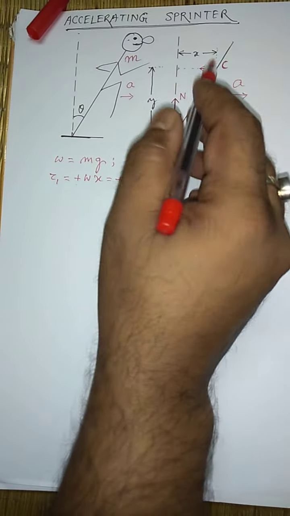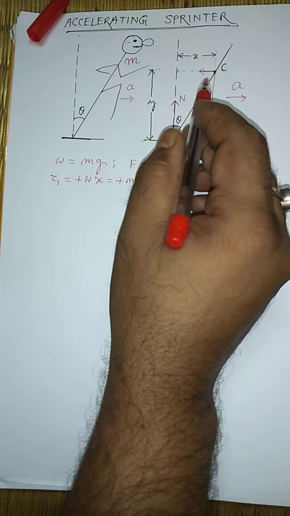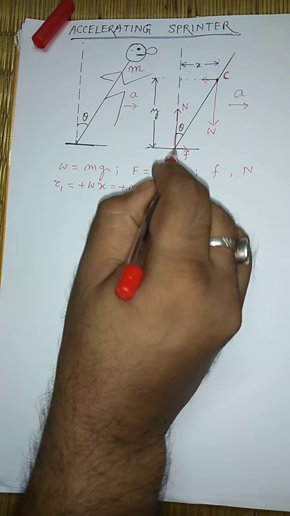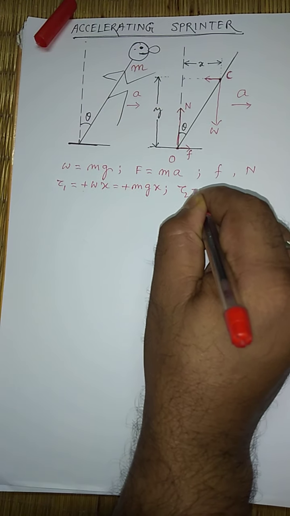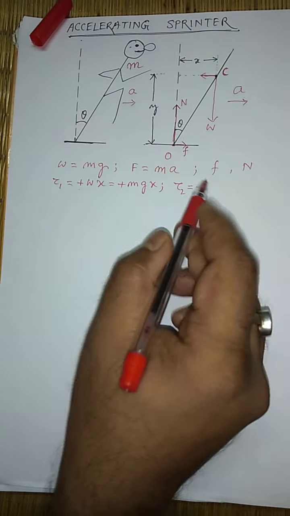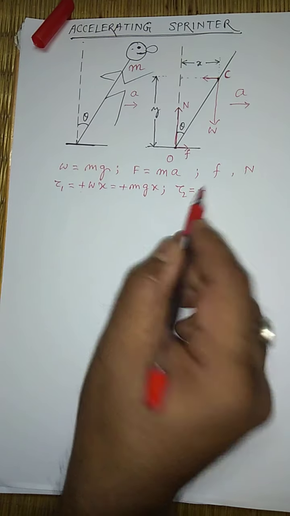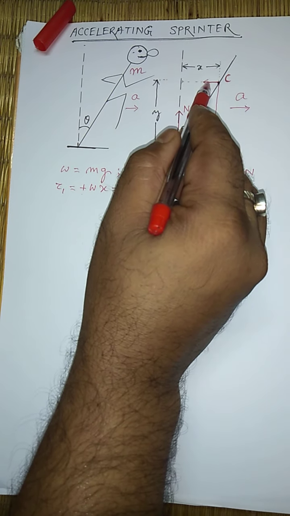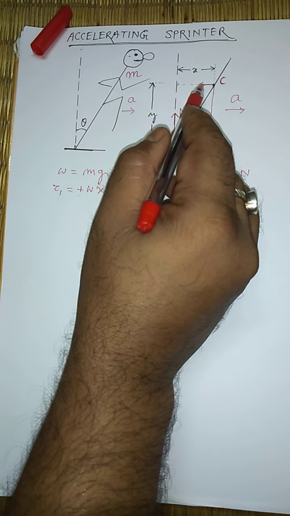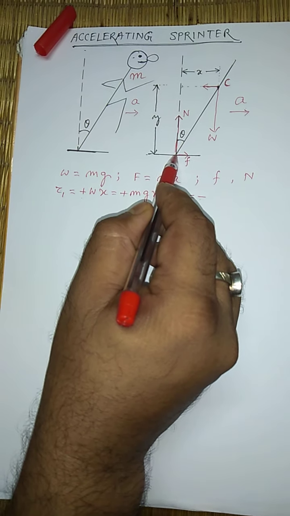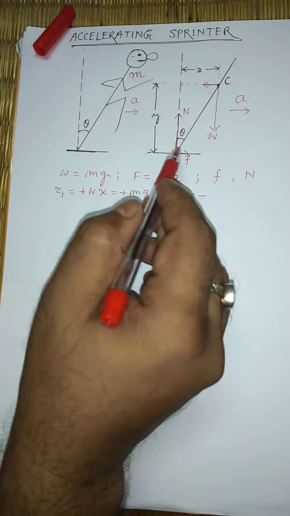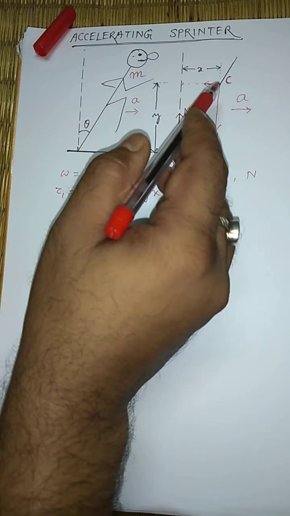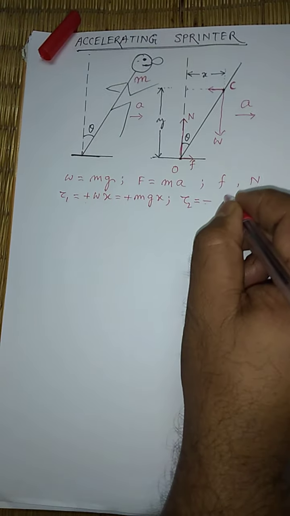The moment of the pseudo force about the point O is given by tau 2 is equal to negative. Why negative sign? The moment of the pseudo force about the point of contact tends to rotate the sprinter in the counterclockwise direction.